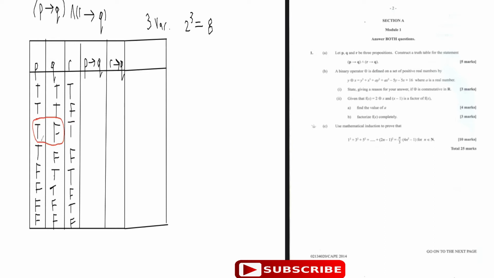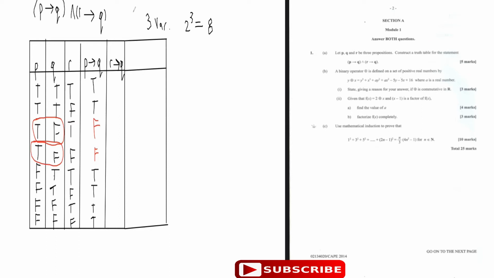Here as well, P is true and Q is false. So these are the only two times when P implies Q is going to be false. Everywhere else it is true. So you can just put true, true, true, true, true, and true.